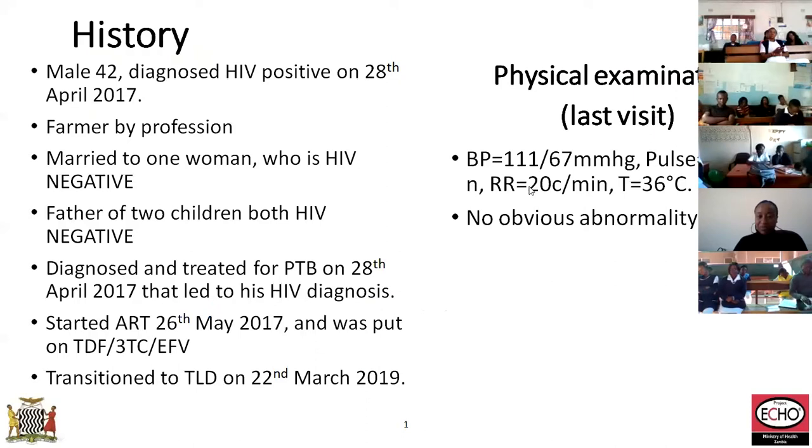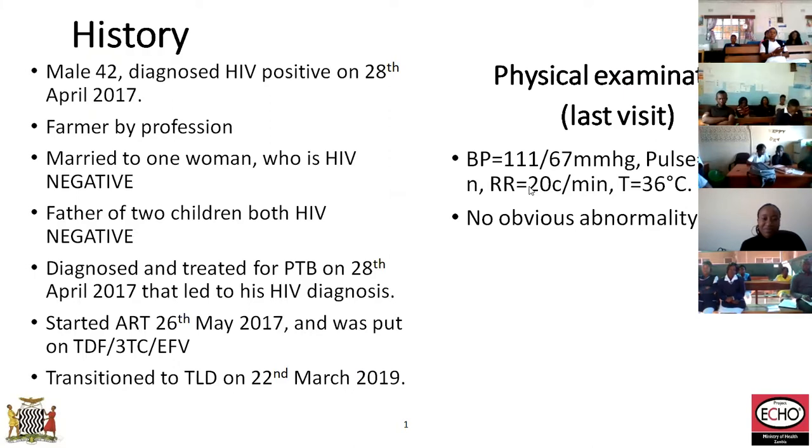I'm presenting a case from Petauke District Hospital. We have a male, 42, who was diagnosed HIV positive on the 28th of April, 2017. He's a farmer, married to one woman who is HIV negative. He's a father of 2 children who are both HIV negative.